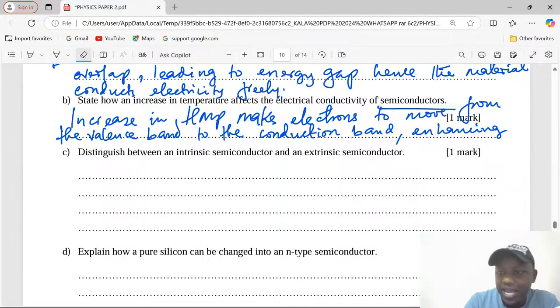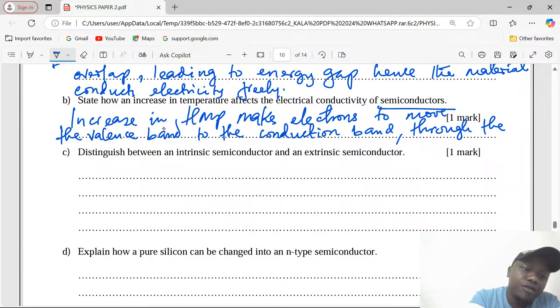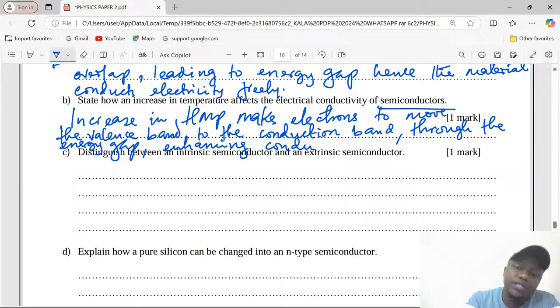Through the energy gap, by the way, you can say through the energy gap, enhancing conductivity.